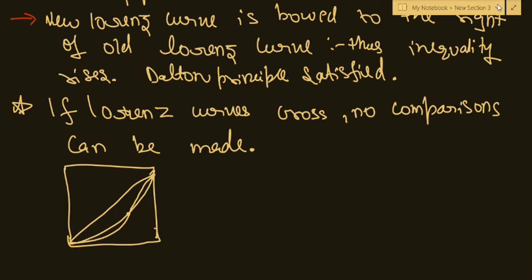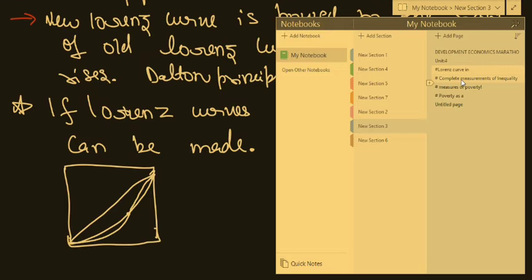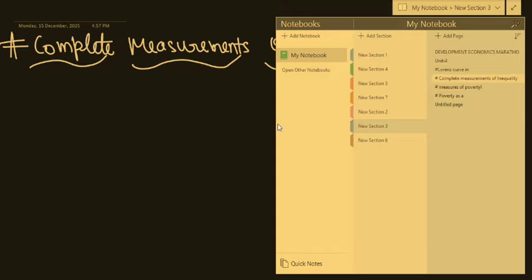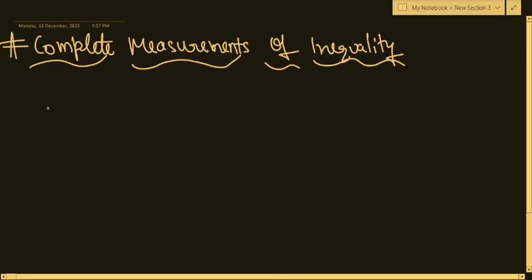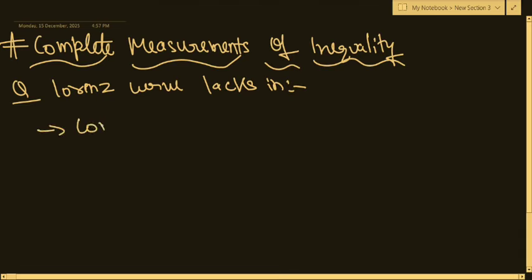Now let's move to the third topic which we have from unit 4, that is complete measures of inequality. Now why do we need more complete measures of inequality? The Lorenz curve lacks a concrete number for policy.